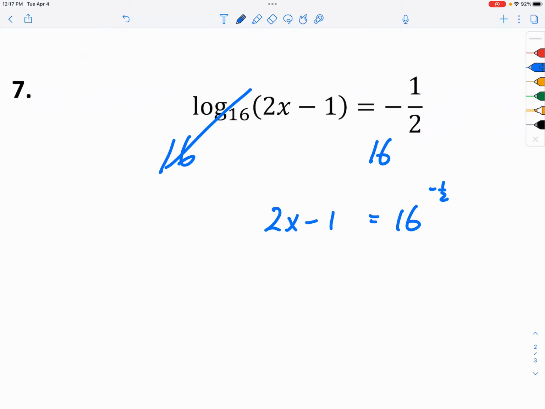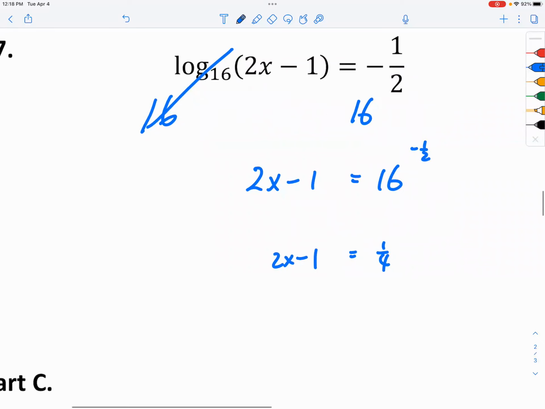So what's another way to express 16 to the negative 1/2 power? 1/4, because 1/2 power means square root, and square root of 16 is 4. With a negative exponent, you have the reciprocal, so that's 1/4. So 2x minus 1 is equal to 1/4.